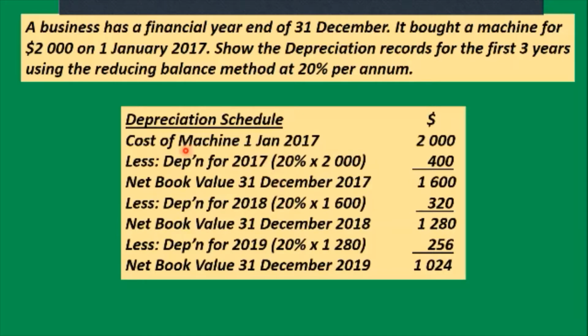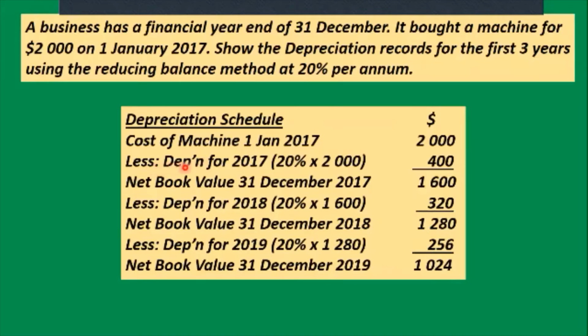And here we have the depreciation schedule using the reducing balance method at 20% per annum. The cost of the machine on 1st of January is 2000.